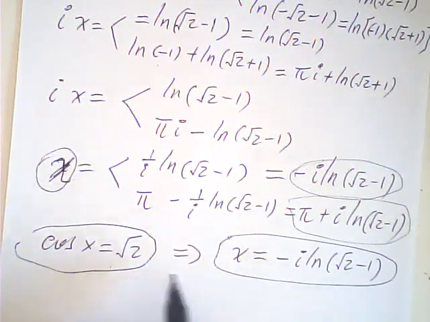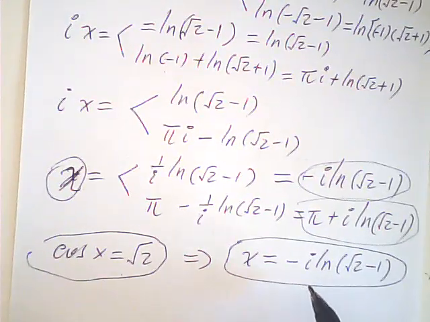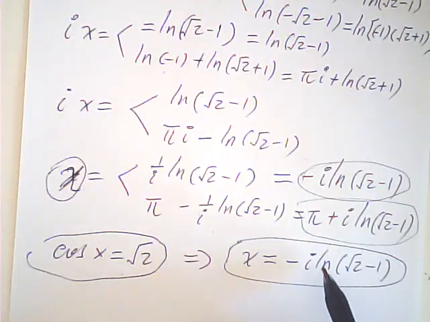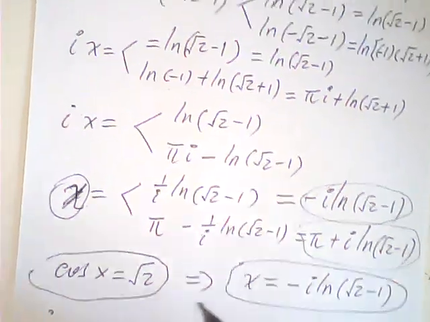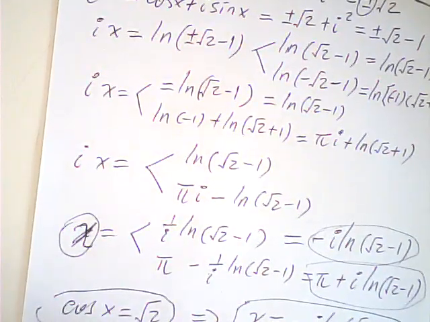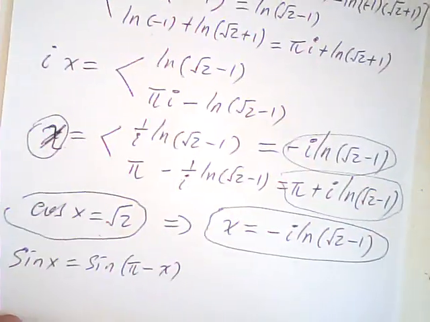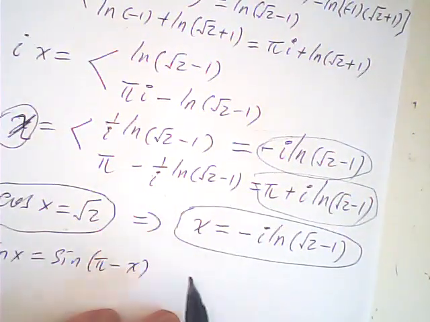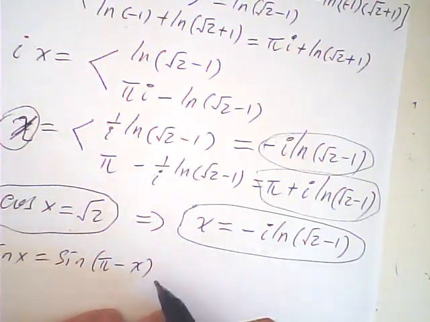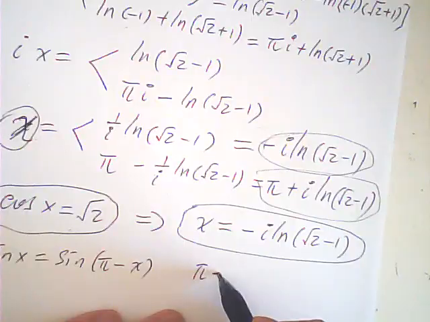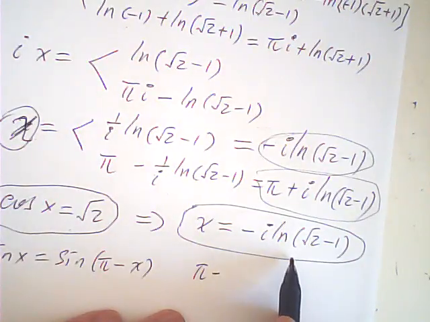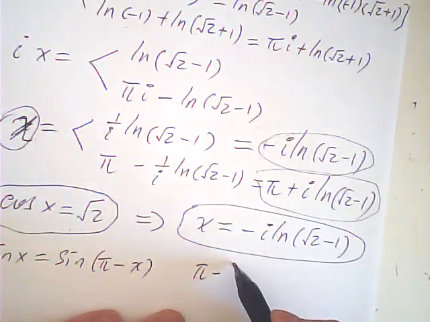And then I'm considering the second quadrant because sine x is equal to sine of pi minus x. Therefore, pi minus this is also a solution.